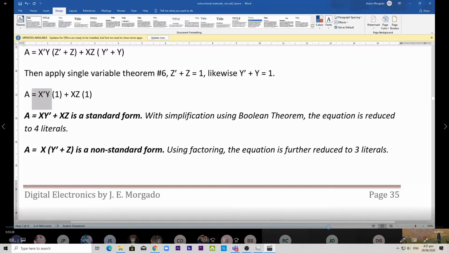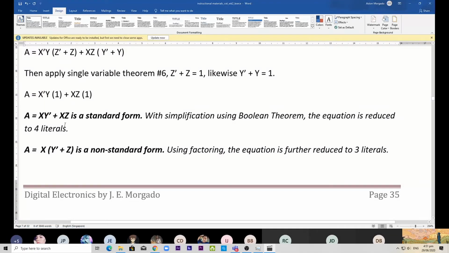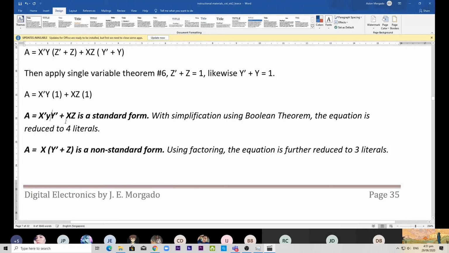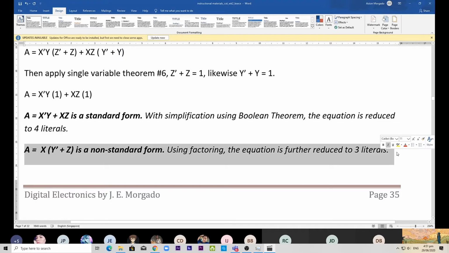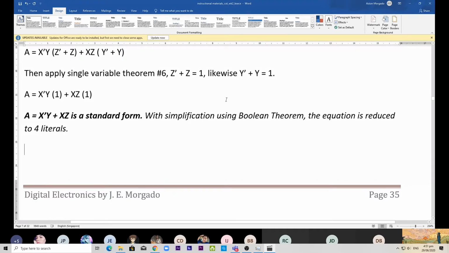X prime y plus xz. This is correct. X prime y plus xz is the standard form.